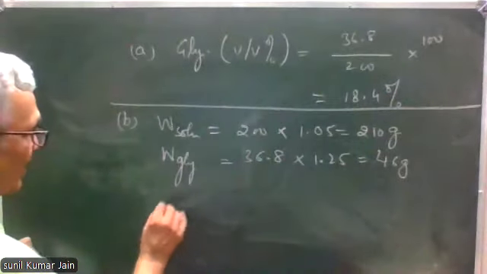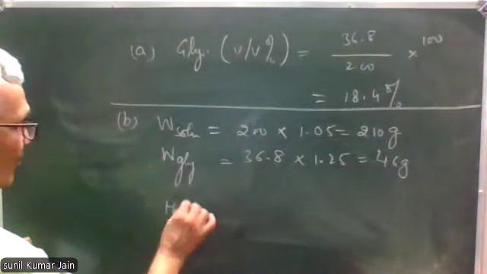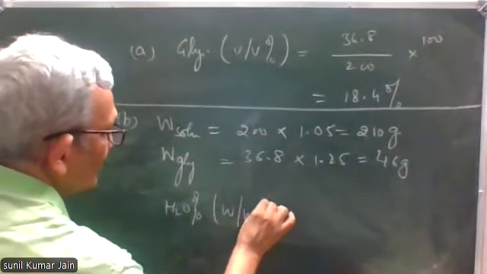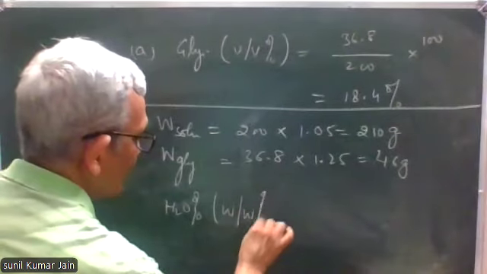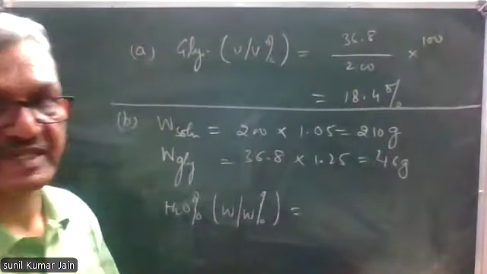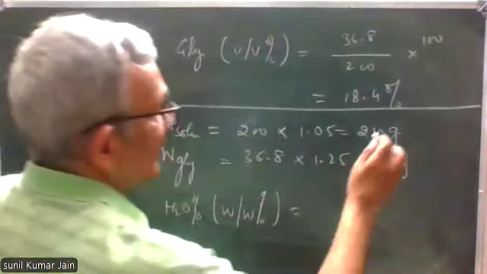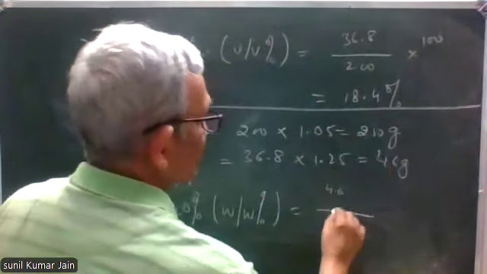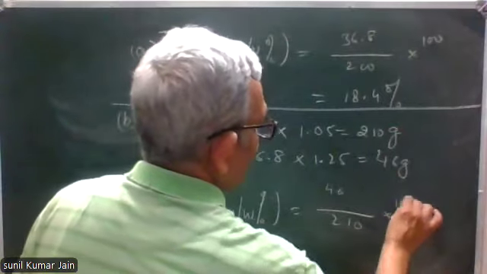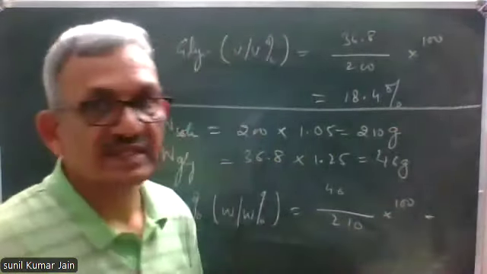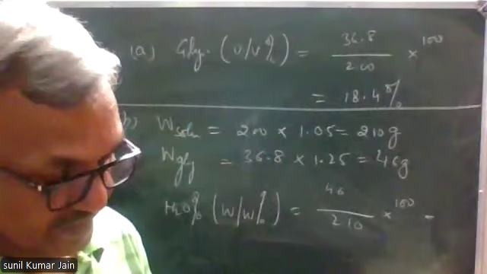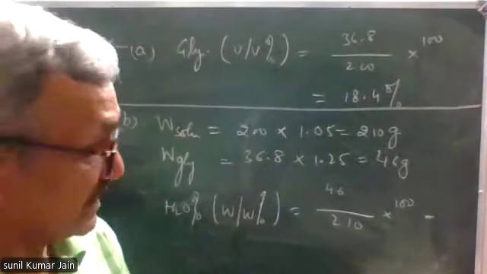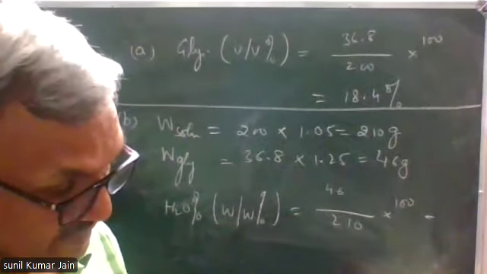Now, water percent. Water percent by weight will be weight of water 46 divided by weight of solution 210 into 100. This is the second answer. Wait a minute.